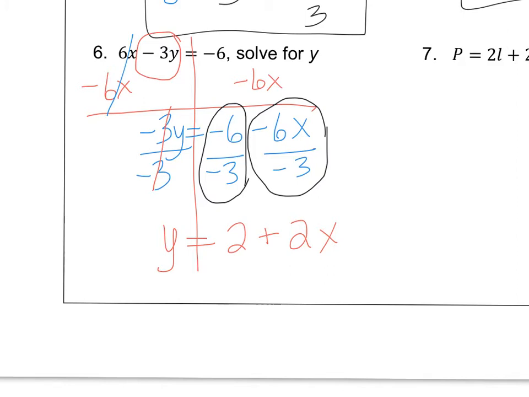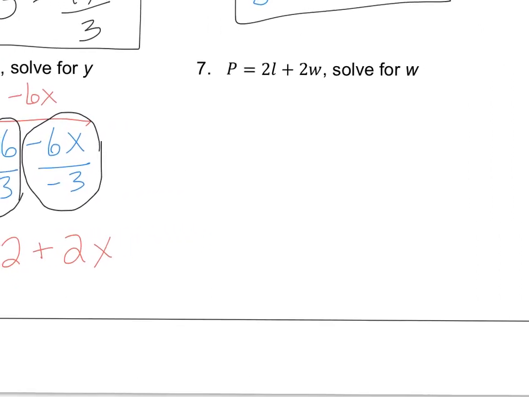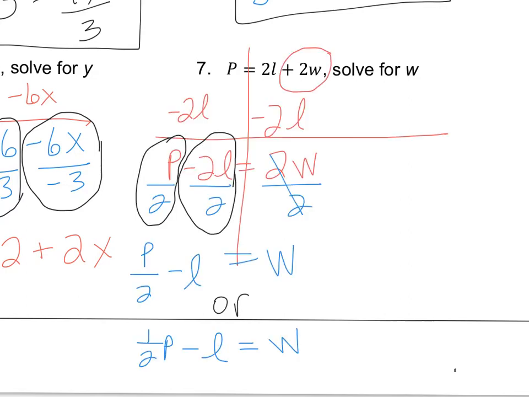Okay, number 7. Again, very straightforward, except now we've got 3 different variables. We're solving for w. So I want you to try this one on your own. It looks scary and weird, but follow your process and then check back and see how you did. Okay, what you notice is the process is the same.